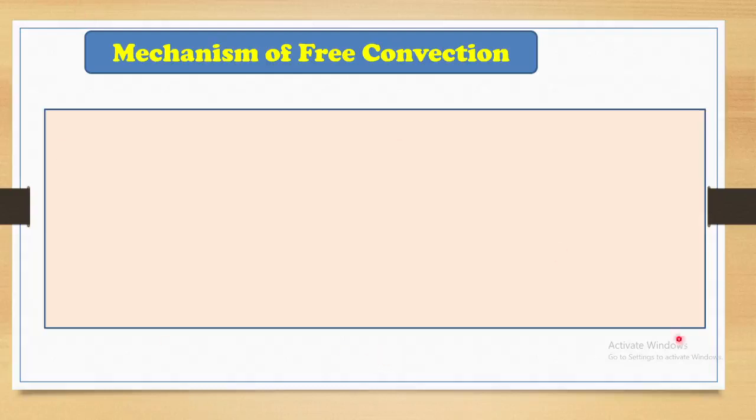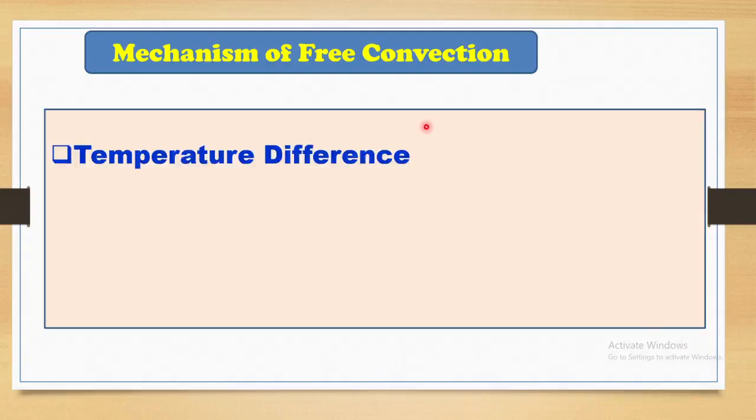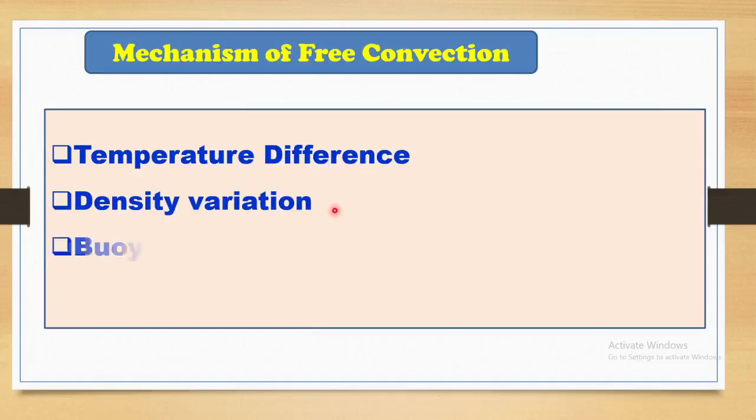Now, mechanism of free convection. The heat transfer by free convection basically involves the following steps. First, a temperature difference is created between two fluids or between a solid surface and a fluid. This temperature difference causes density variation in the fluid involved in heat transfer.